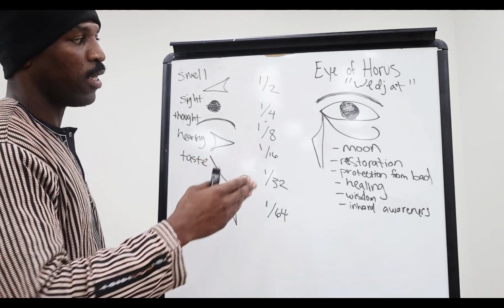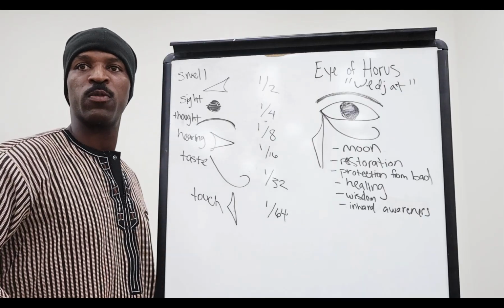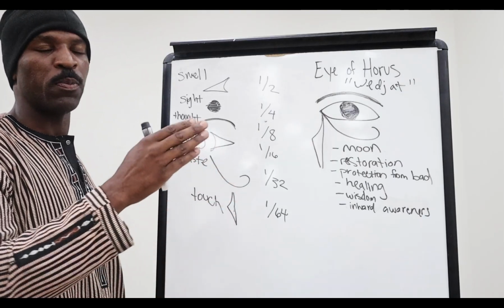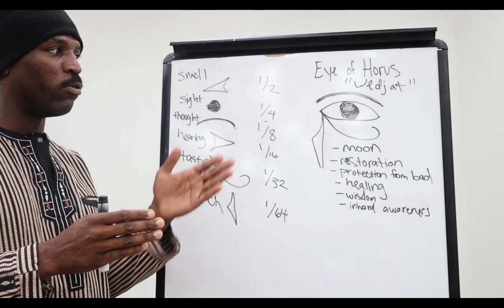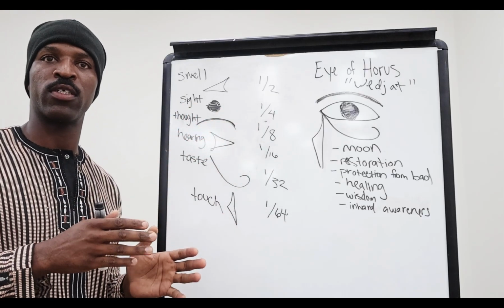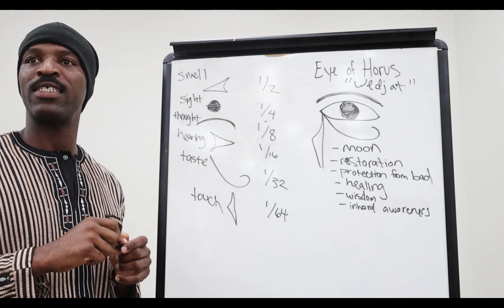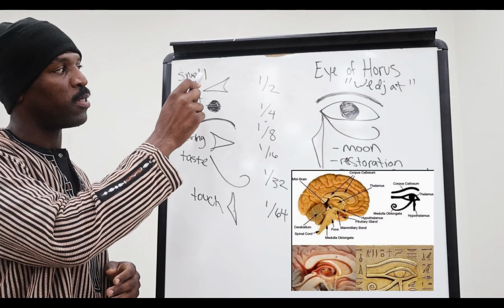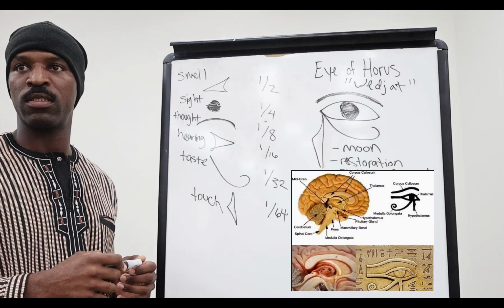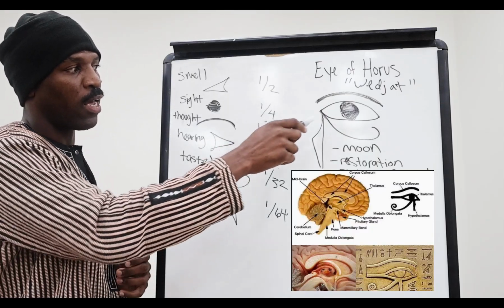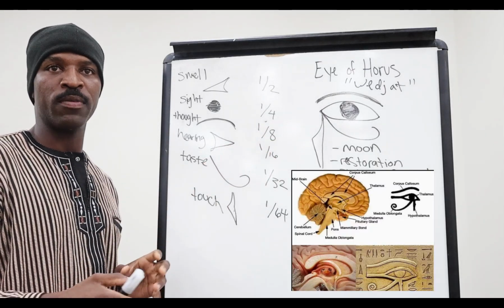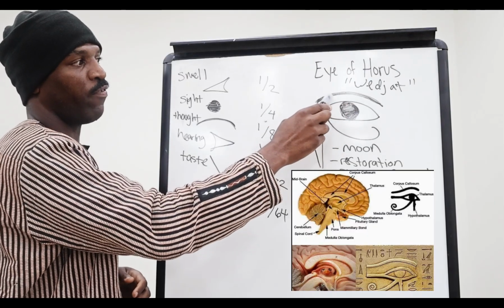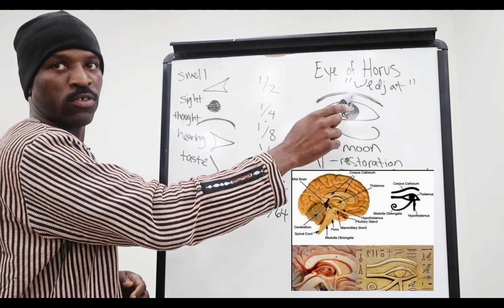So also another neat thing about this Eye of Horus is that when you split it in half, you split the brain in half actually, and you line up the Eye of Horus with certain structures in the brain, it actually matches up to each of the functions that they described as the 5 senses. So if you line it up with the figures of the brain, like this one is actually a structure in the brain that controls your thought.